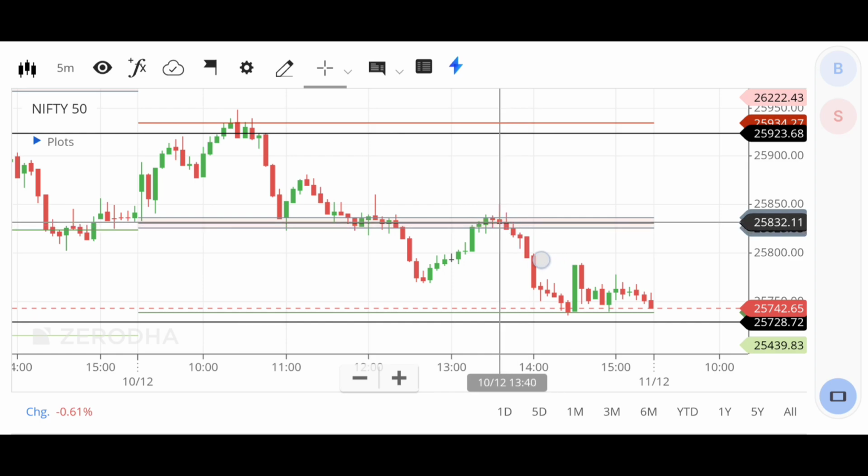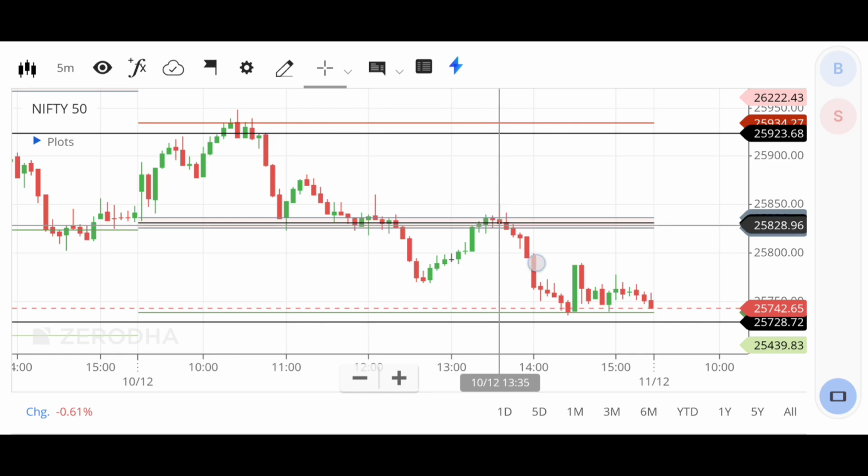Okay, so I waited for this 1:35 candle to close. As per my prediction, it closed inside this CPR only. At this point, I had a thought that I should exit the trade, but I waited for this candle to close. And one more thing noted here is that these candles are opening inside the CPR only.